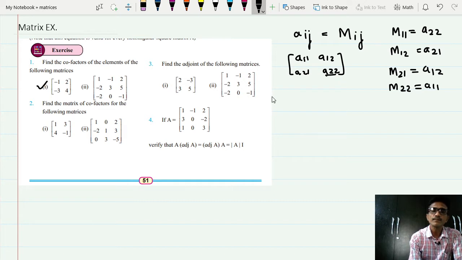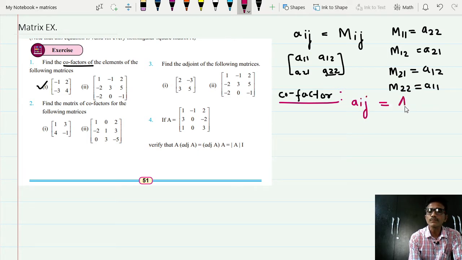So let's consider this example. Here we find minors and find cofactors of the elements of a matrix. सबसे पहले आपको minors find करना है. Then what is cofactor?